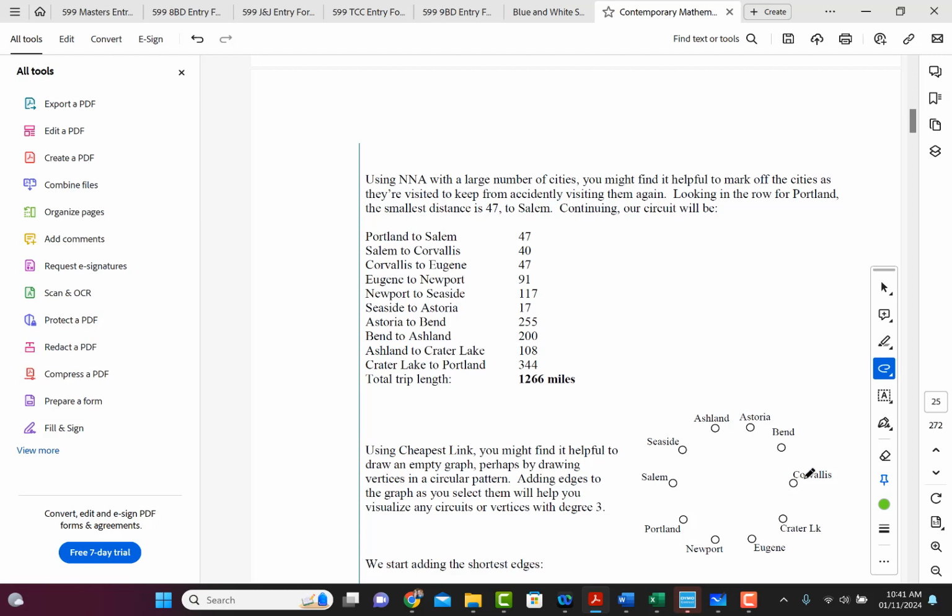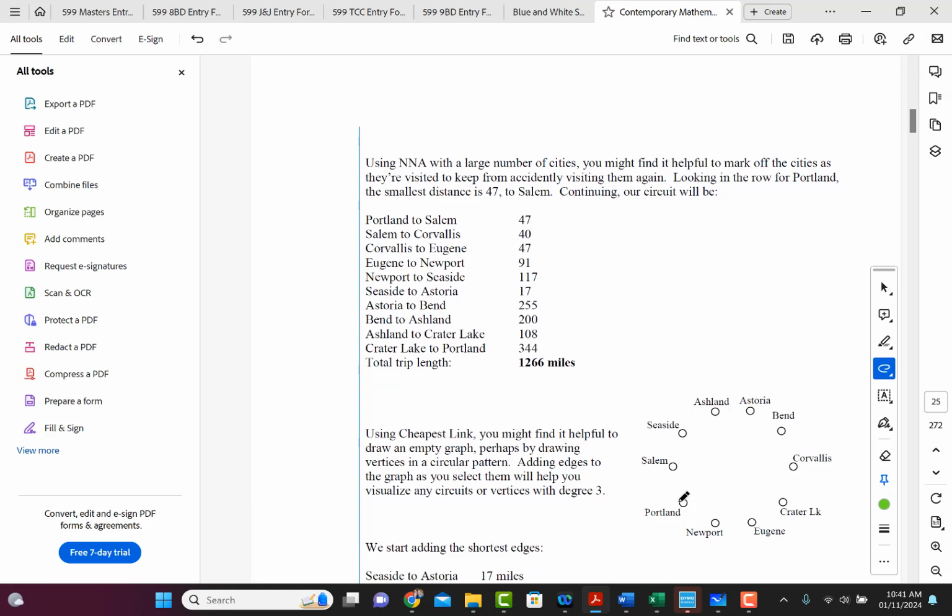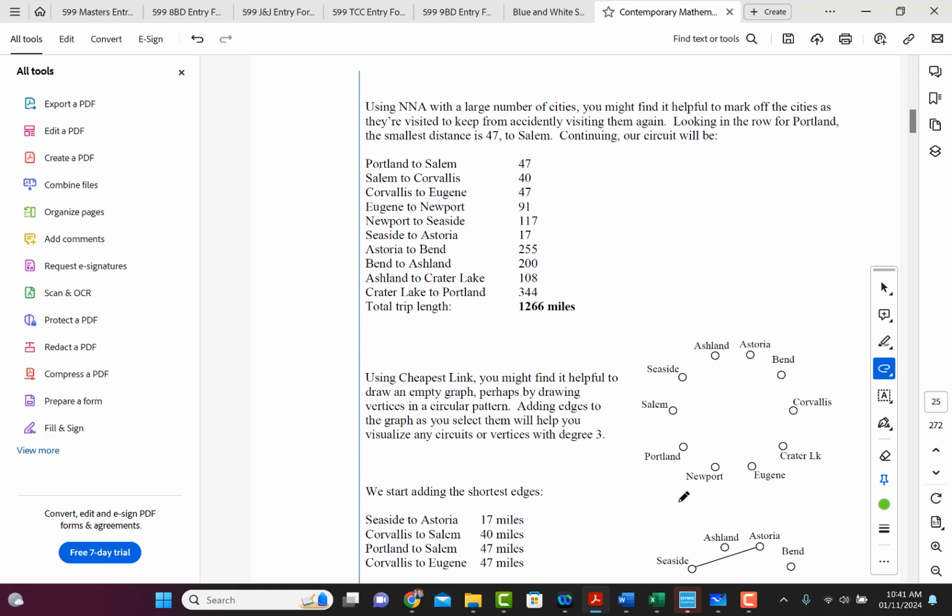It'll be helpful to do this so that we can see when we add the edges if a vertex gets degree 3, or if it creates a circuit. If it violates one of those two, right? So again, let's start by the shortest edges.